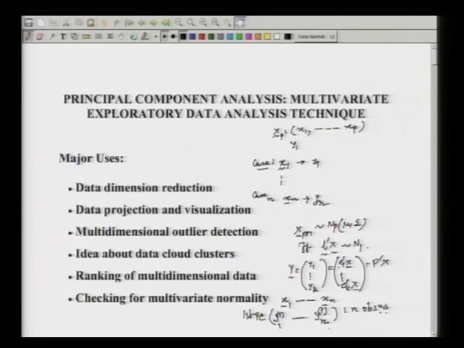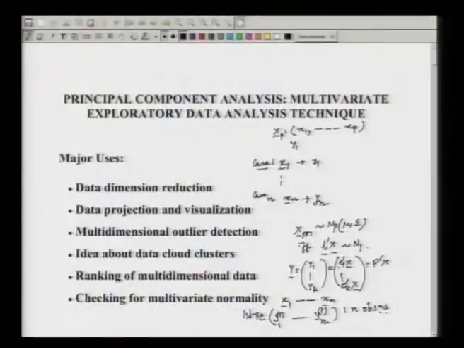You have to check whether it is actually coming from a univariate normal distribution, which, as we know, can be done through certain plots and other methods. If it is satisfied, then you say that the first principal component, that is one linear combination, is coming from a univariate normal distribution.